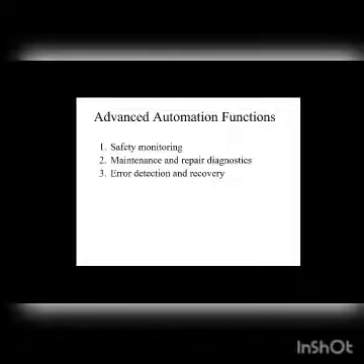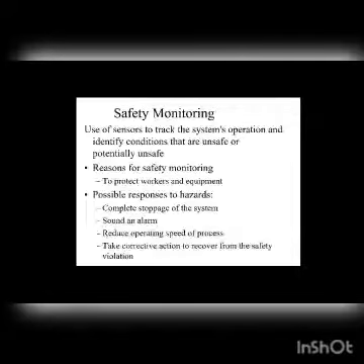Advanced automation functions are there. They are used in safety monitoring, maintenance and repair diagnostics, error detection and recovery. In safety monitoring, sensors are used to track the system's operation and identify conditions that are unsafe. So the reasons for safety monitoring is that workers' safety is ensured, possible responses to hazards, complete stoppage.